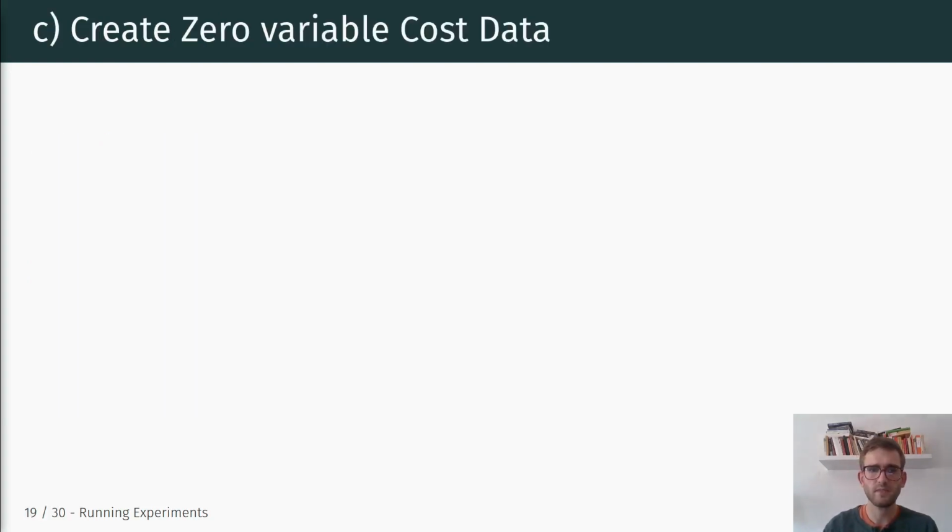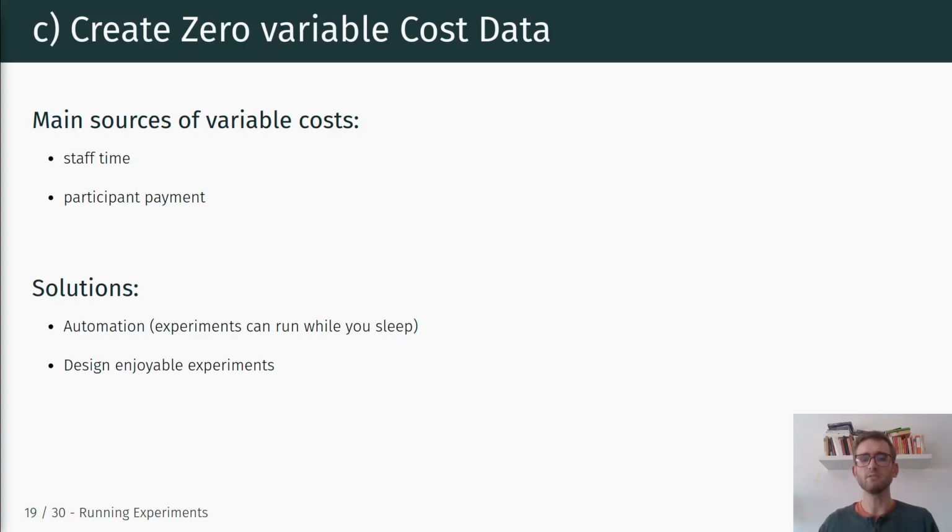Okay. The third, a little bit broader piece of advice is to create zero variable cost data, and the underlying reasoning here is that running experiments is costly and can be very costly depending on where you run them, how many respondents you want to have, and things like that, right? But there are different types of costs, right?